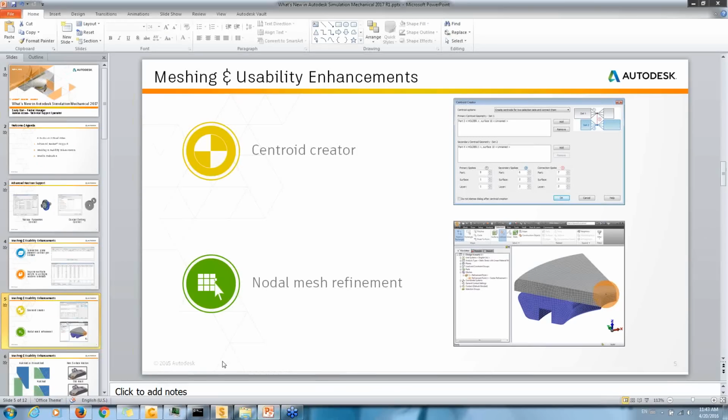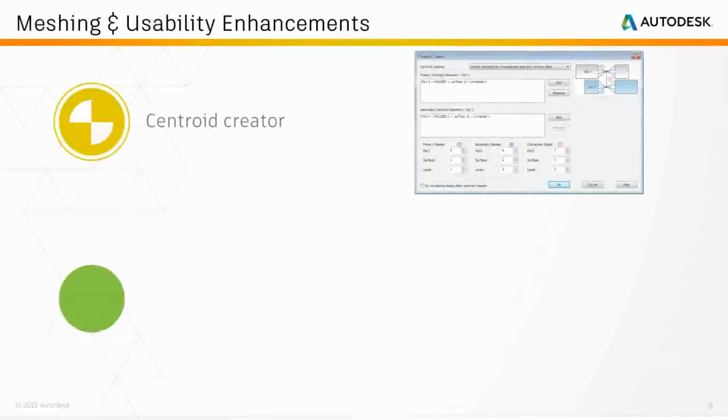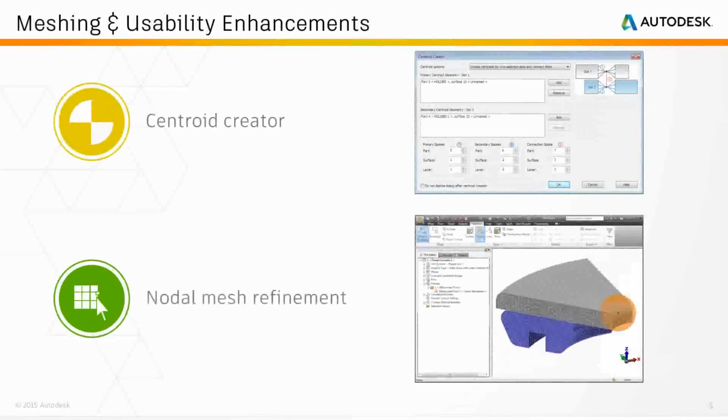from the PowerPoint. The next improvement that we worked on is the ability to show our nodal mesh refinements in the browser tree, much like the Centroid Creator we were looking at a second ago. This was a pretty common request from our user base. They often use refinement points for surfaces, edges, as well as points in order to get a better quality mesh in localized areas.